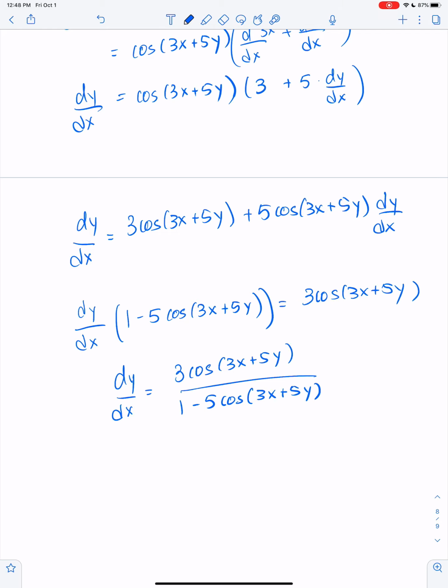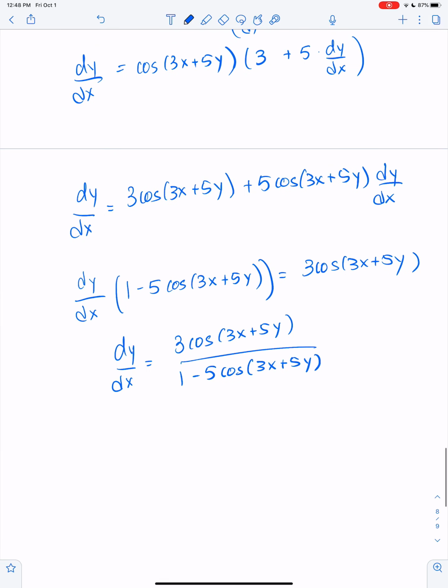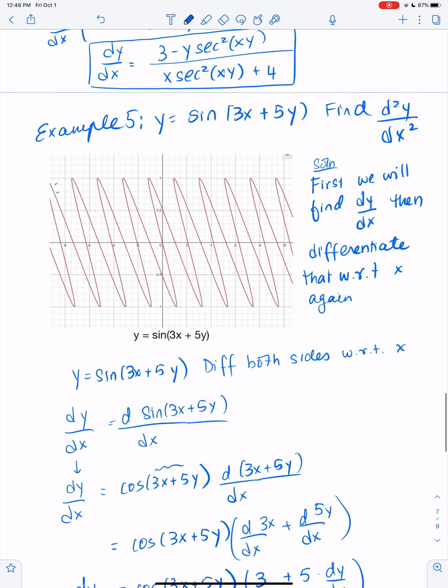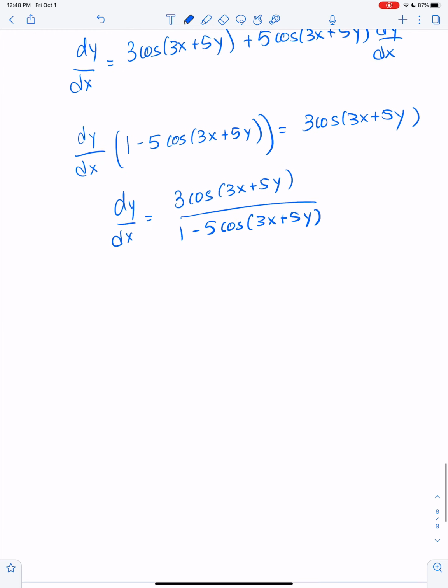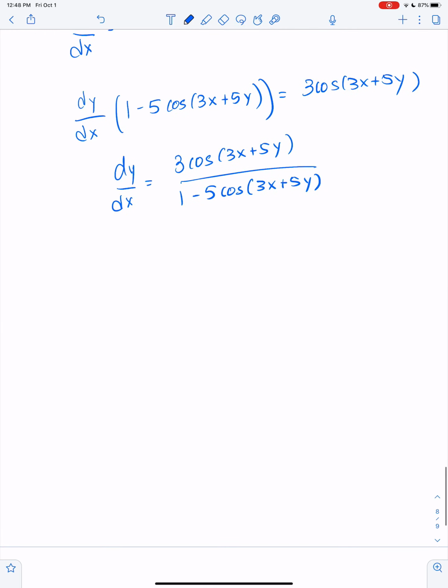That's only part of our answer, because we wanted the second derivative, not the first. So we now need to differentiate this one more time. We know the second derivative is the derivative of dy dx.